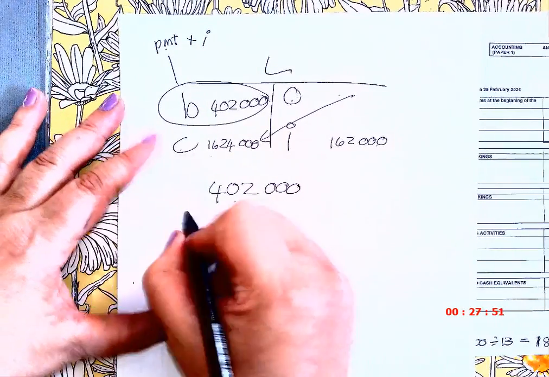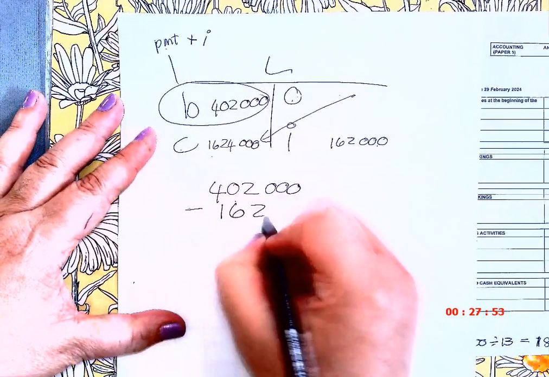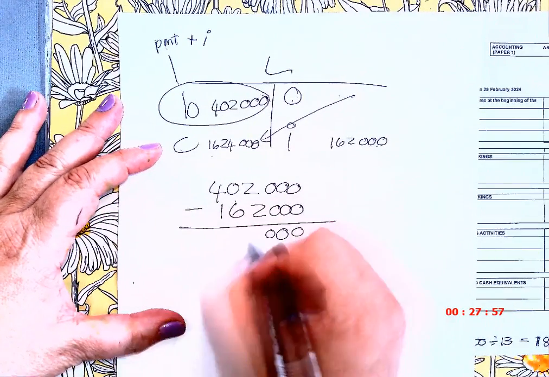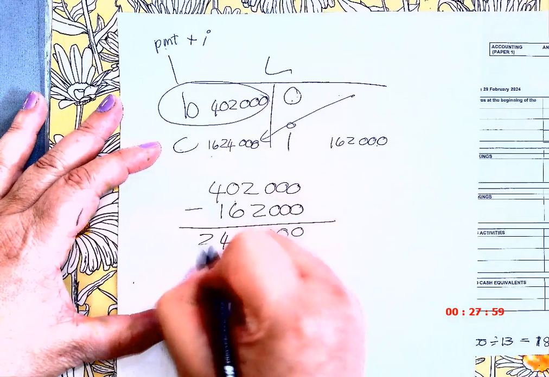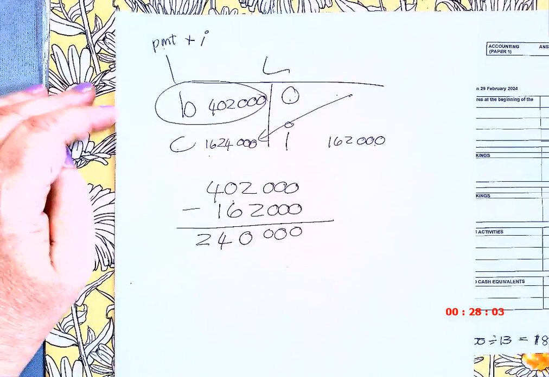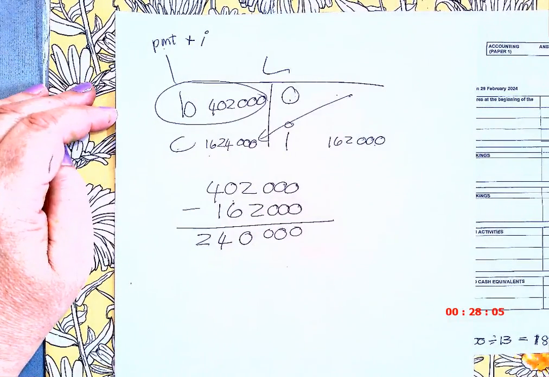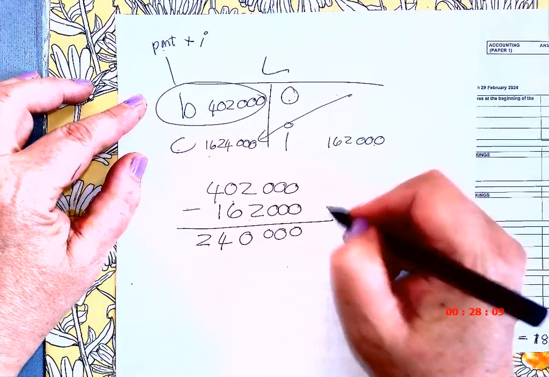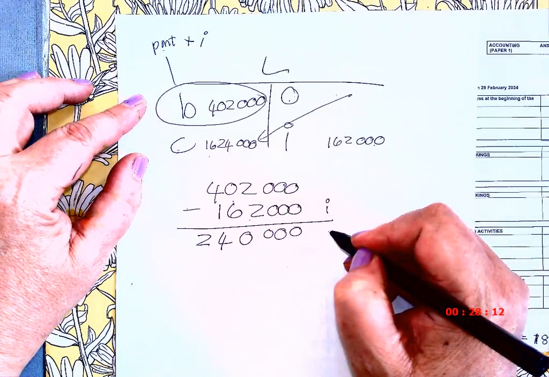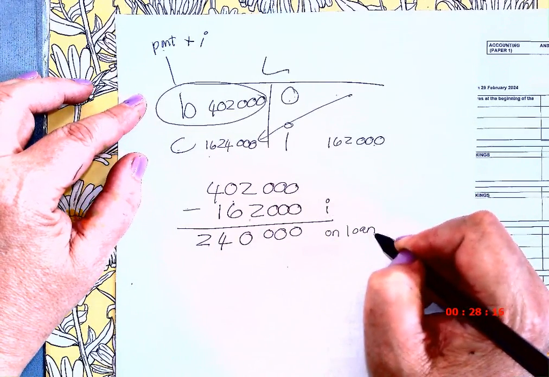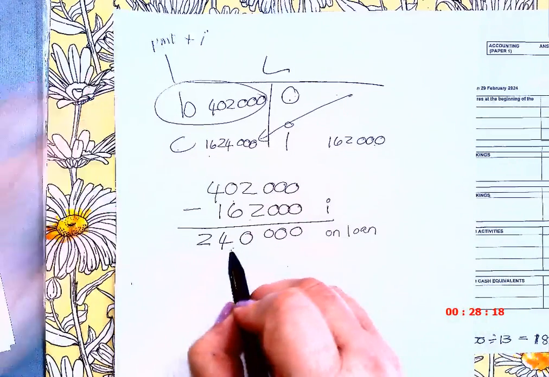So now the 402, last year the interest was 162, which means I paid back 240,000 on the loan itself. If I take the interest out, this is the amount on the loan that I paid back. You guys understand what I'm saying?